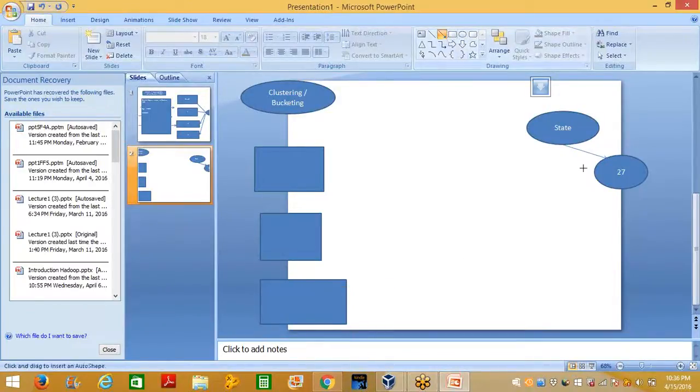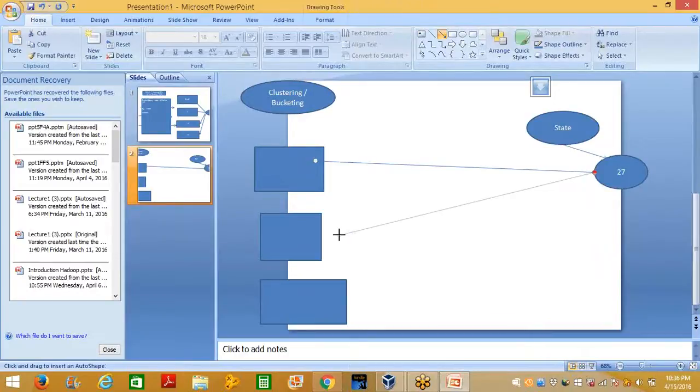Either they may go into this bucket, or this bucket, or this particular bucket. No matter what it is, I want these things to go into these buckets like this.